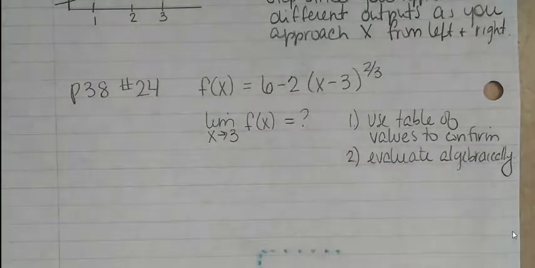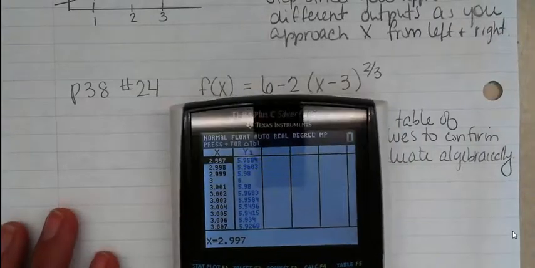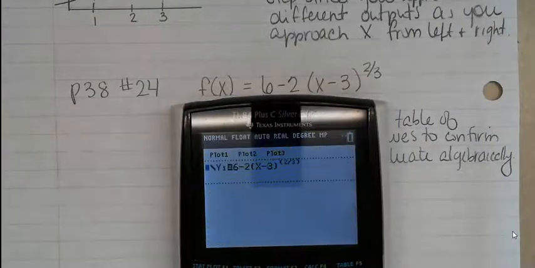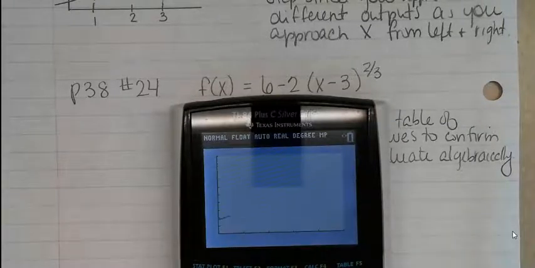So that means you want to go into your calculator and if you haven't already, go ahead and take a minute and graph it. It's good to have a little idea of what this looks like. By this point, hopefully you guys are really good now at evaluating this graphically.